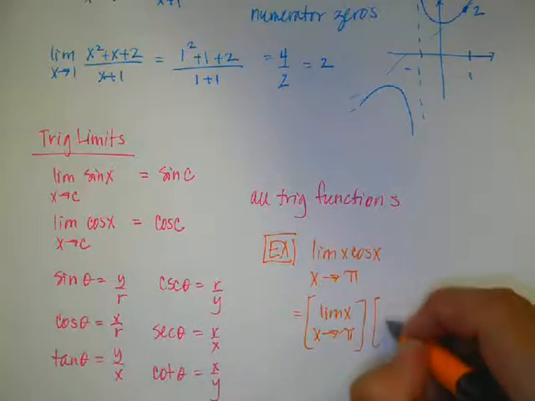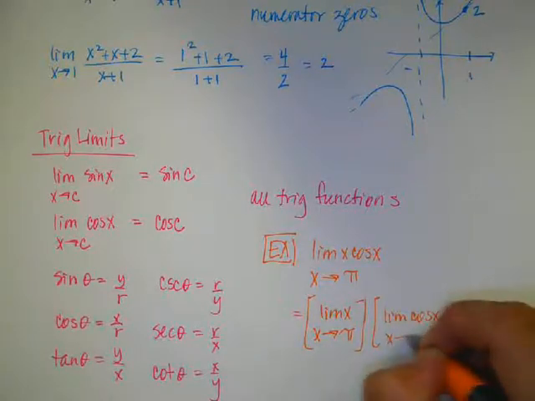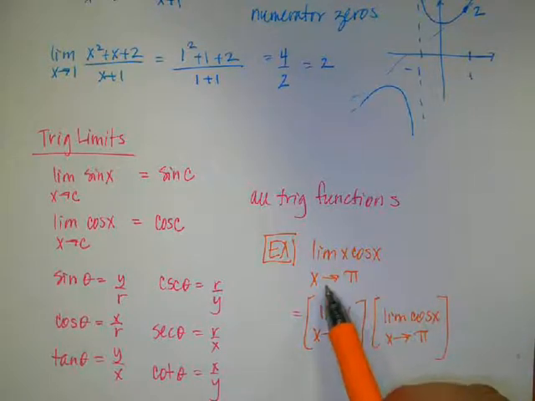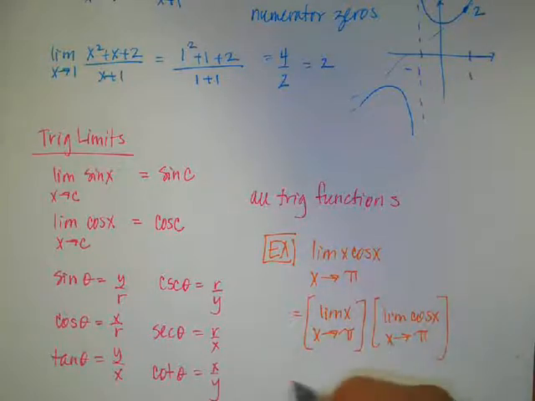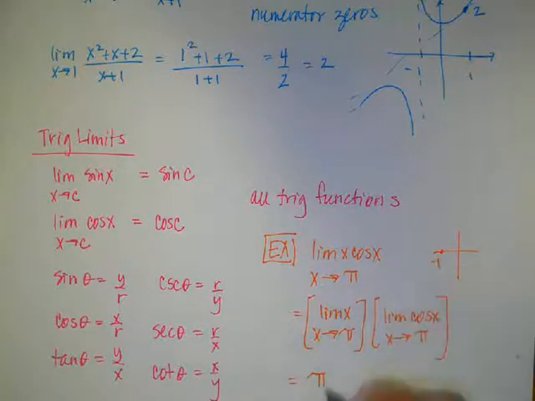But I really don't need to, because the limit of x, when I do direct substitution, is just pi. And then the cosine of pi, if you're not remembering your unit circle, is -1, so the limit of the function as x approaches pi is going to be -pi. Well, that was really easy.